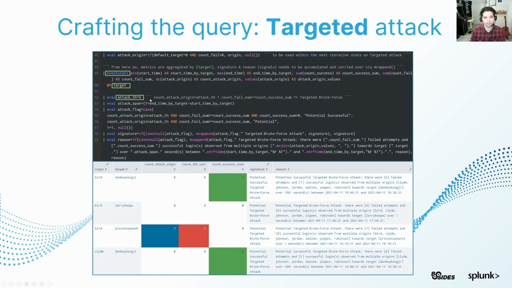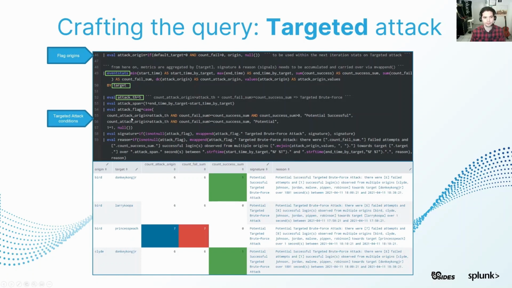And you can also, of course, consume or collect these thresholds from lookups in case you want to craft a more elaborate detection. Basically, here I flag the origins that I would need in order to determine if the conditions are met.